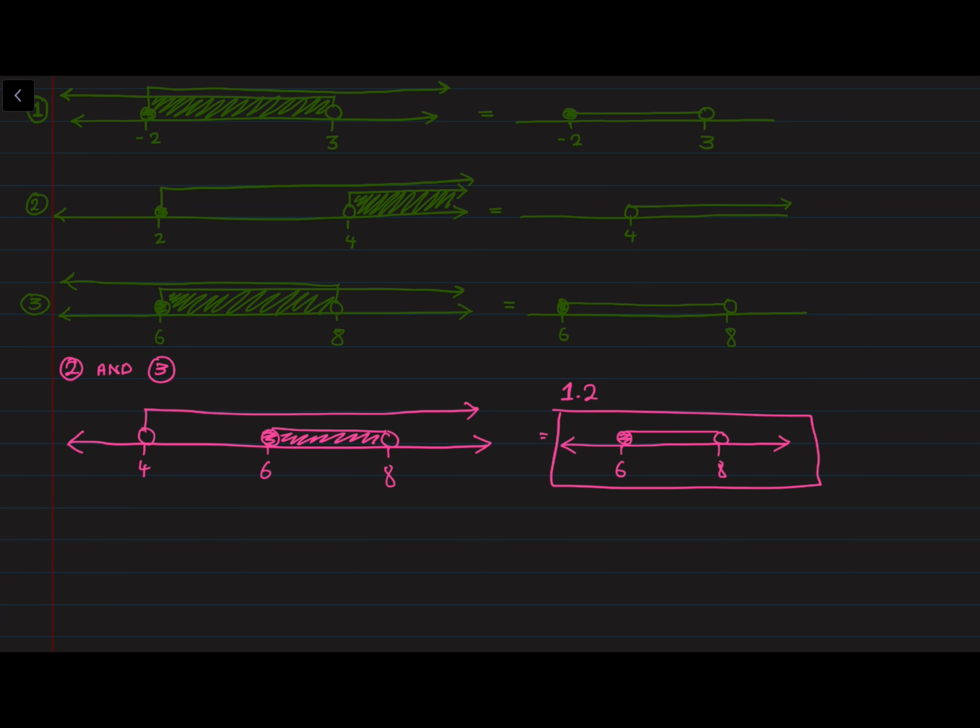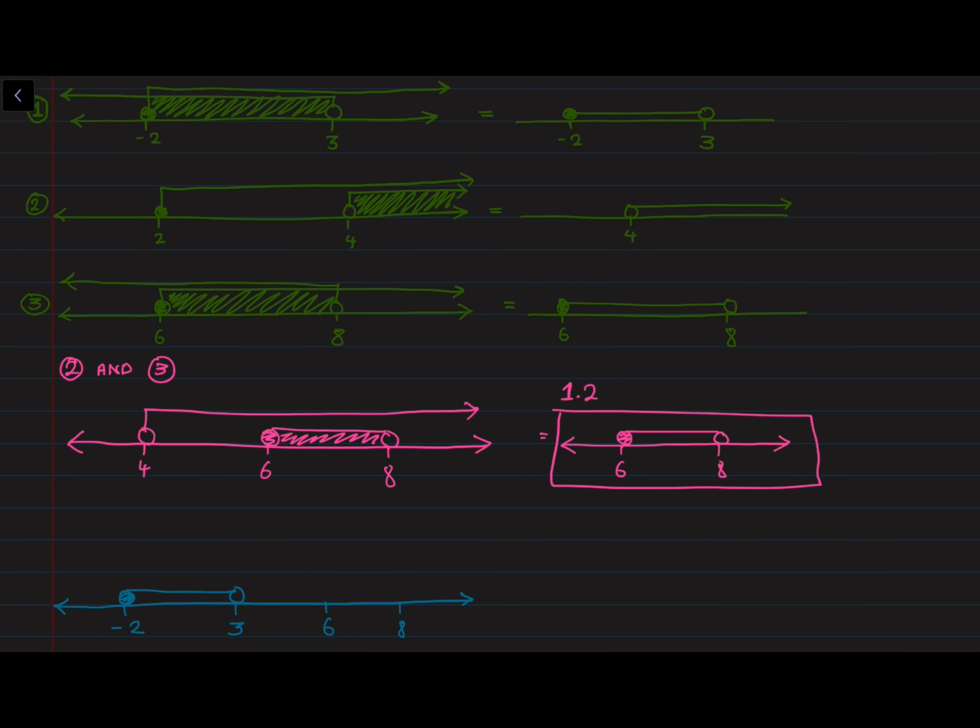I'm going to do this part in blue now. So let's draw the number line. We have -2 and 3. And then we have 6 and 8. And we have numbers from -2 inclusive to 3. Sorry, I missed the 8 over there.